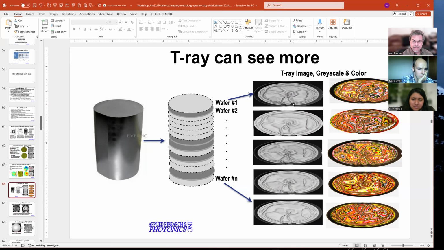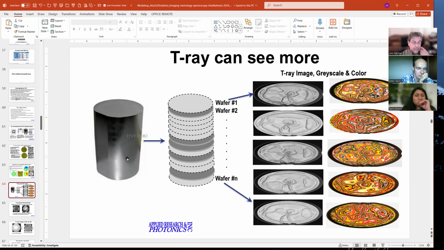As you can see, it's the same thing going through the whole boule. So that confirms our first assumption that this crazy feature is actually within the boule. When you slice that boule into different wafers, it shows in the wafer. If it is actually within the ingot itself, this is the proof of that.